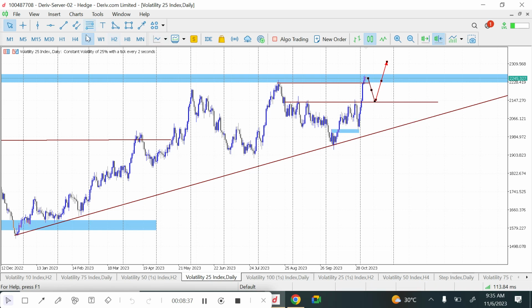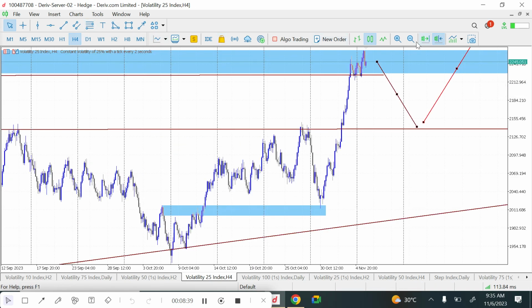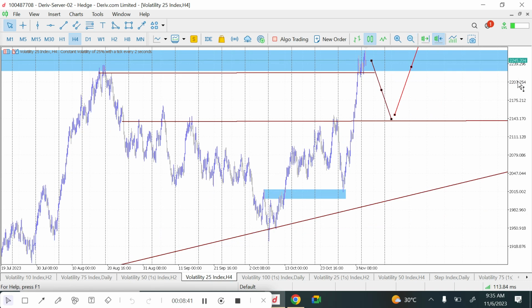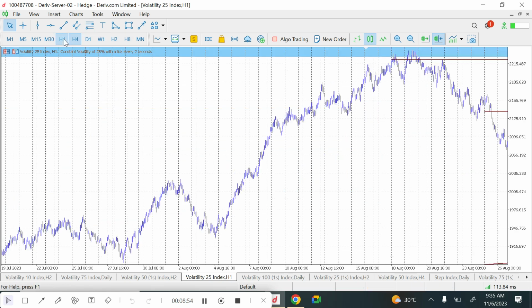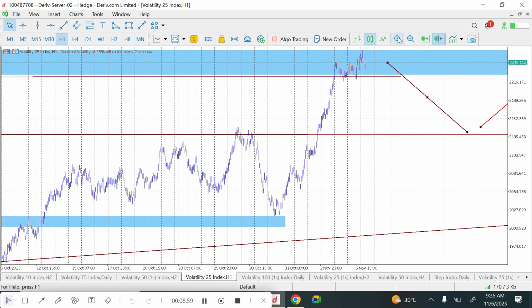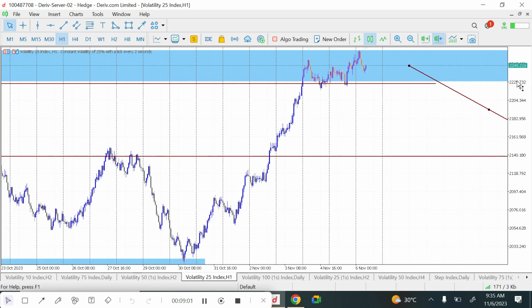So I'm going down to H4, that is the 4R. It is the same thing, and that zone is becoming much more clearer. So that is that for this particular asset. So let me go to H1 and see something. Okay.